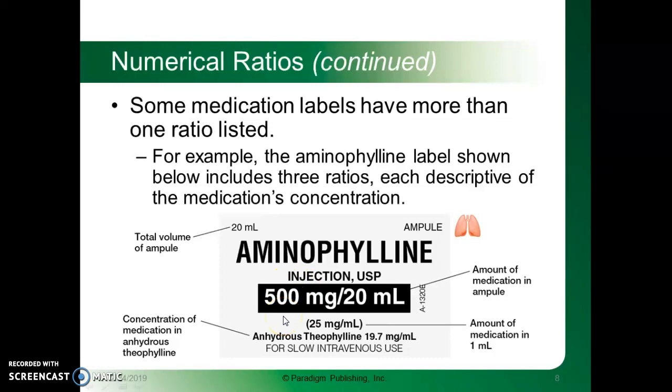So if for example, the physician orders 1,000 milligrams of the drug, they know to multiply the 500 by 2, which means they would multiply the mLs 20 by 2.